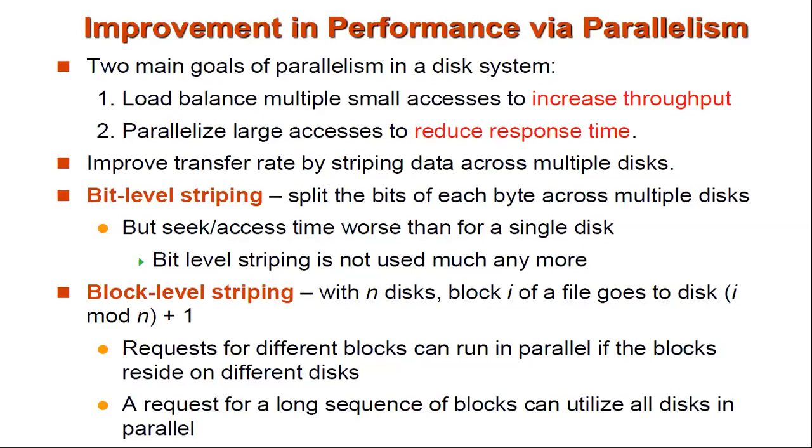Suppose you save most of your data in one particular disk and a very small amount in the other disk, then the first disk will get more access than the second disk, so the system will mostly depend on the first disk. If you load balance across both disks, since you are allowing parallelism, the system will be able to access data from both disks in parallel, so that you can increase the throughput.